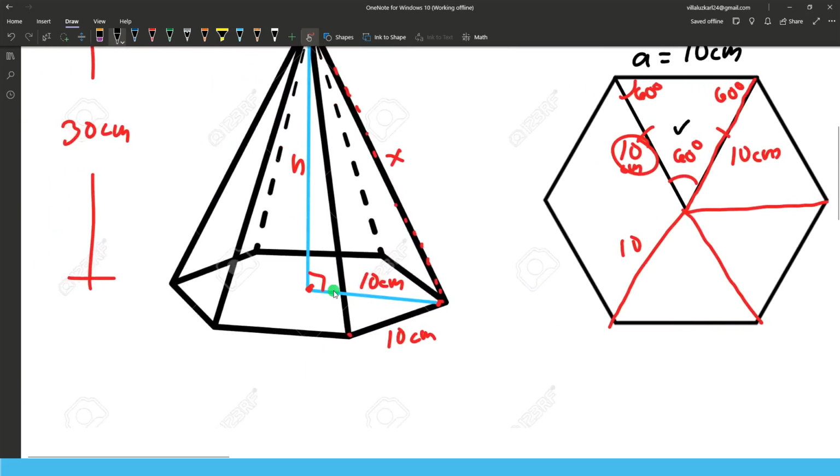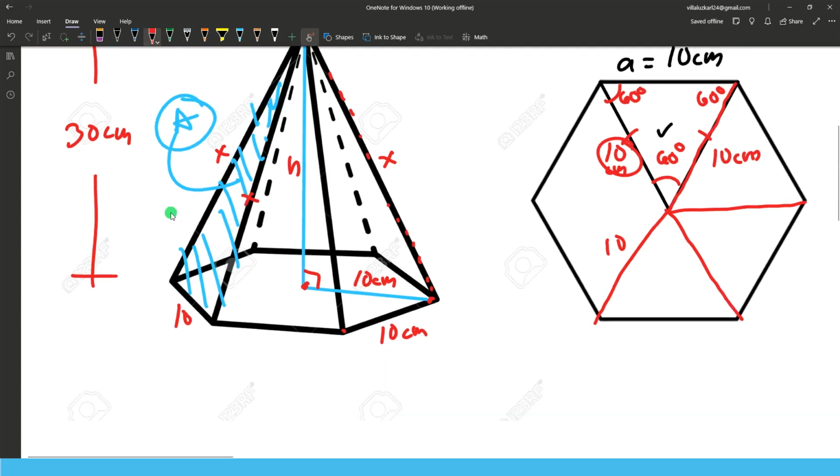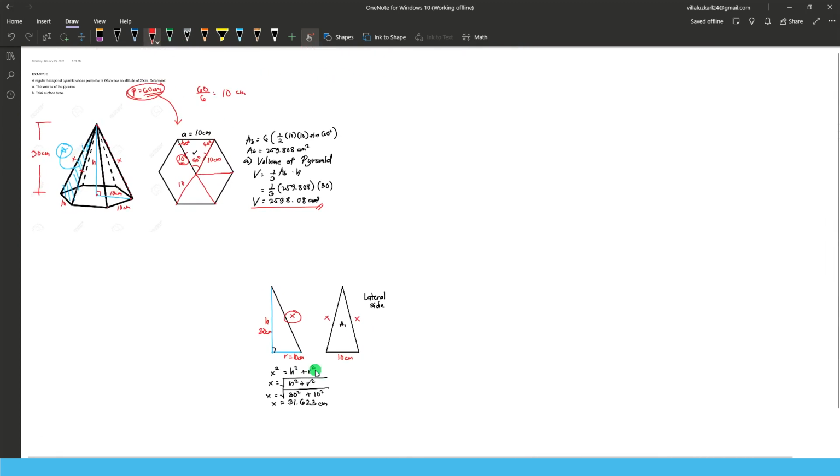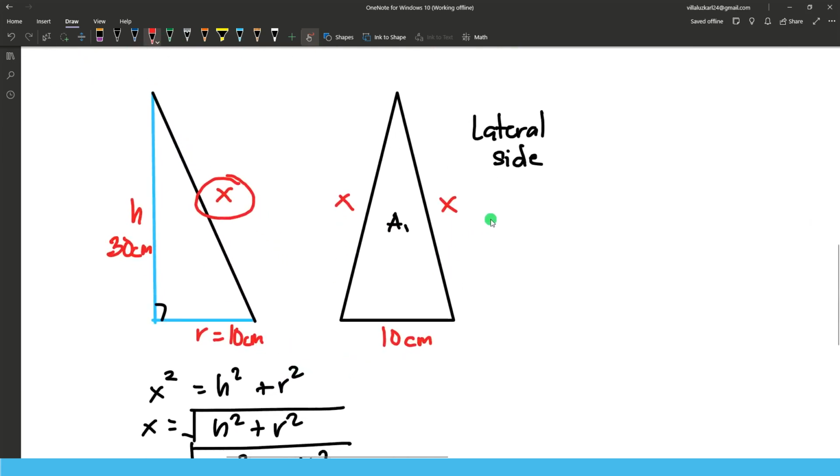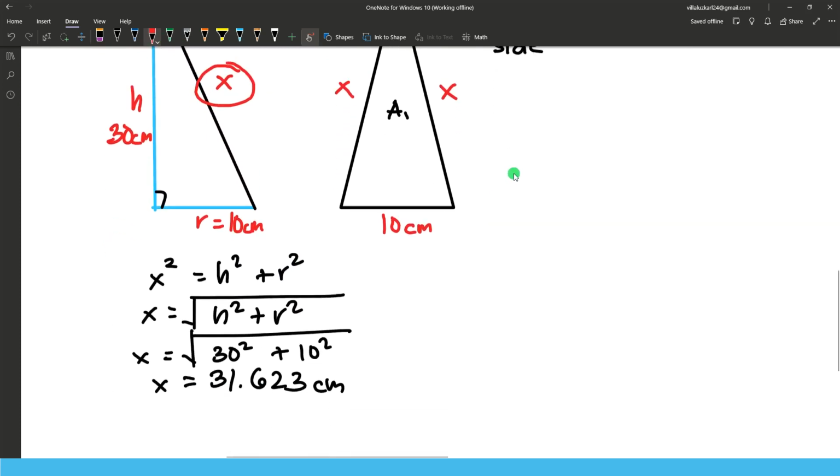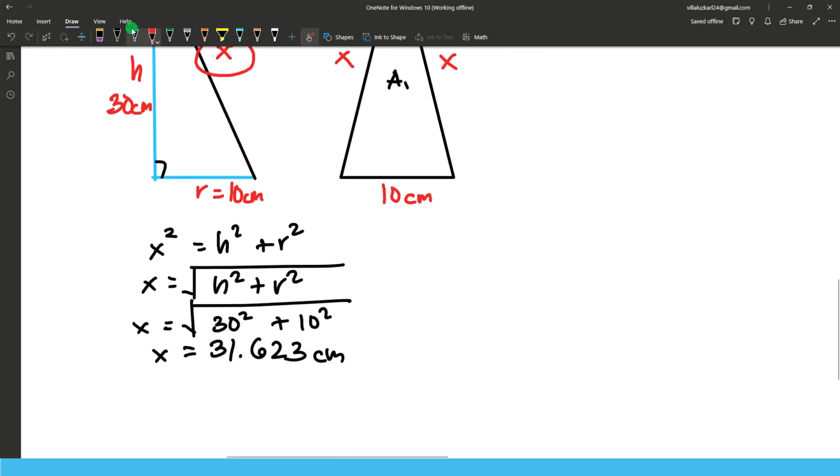Any lateral face of this pyramid, you can use this. That's your area. Both sides are x, and this is 10. This is the triangle, the lateral side. So let's determine the area, area 1.